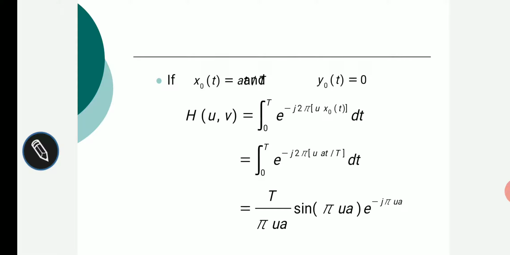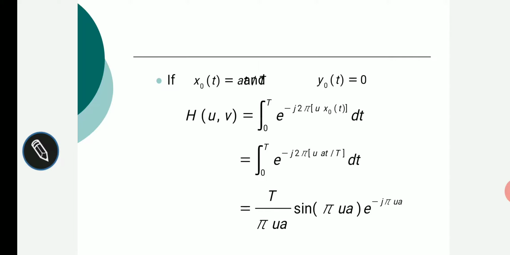Observe here h vanishes at the values of u given by u is equal to n by a. If you substitute u is equal to n by a, that becomes sine of pi multiples, where n can accept only integer values.